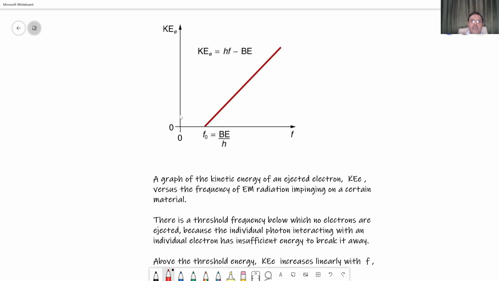As we vary the frequency of light, initially we find that there is no emission of electrons up to a certain frequency, which is also called the threshold frequency of the material. Beyond this threshold frequency, the kinetic energy of the emitted electron starts to increase at a constant rate.